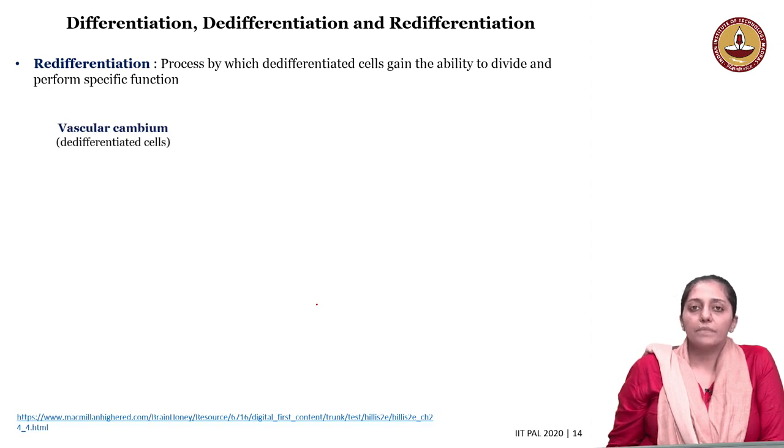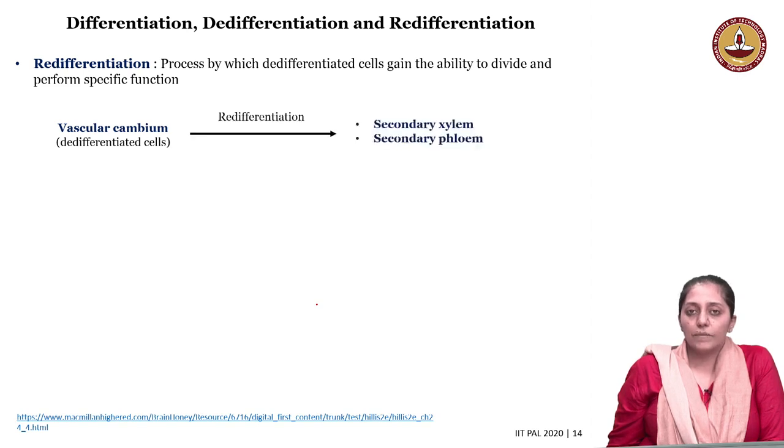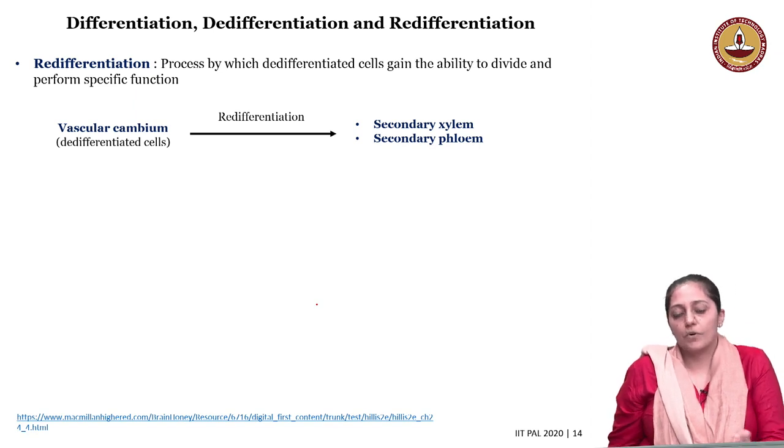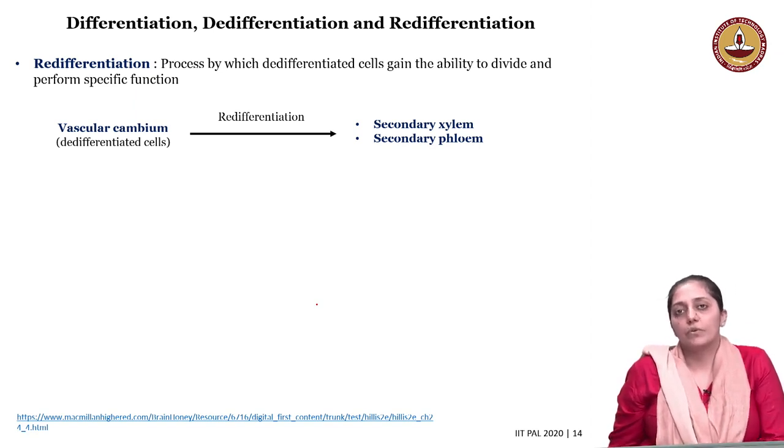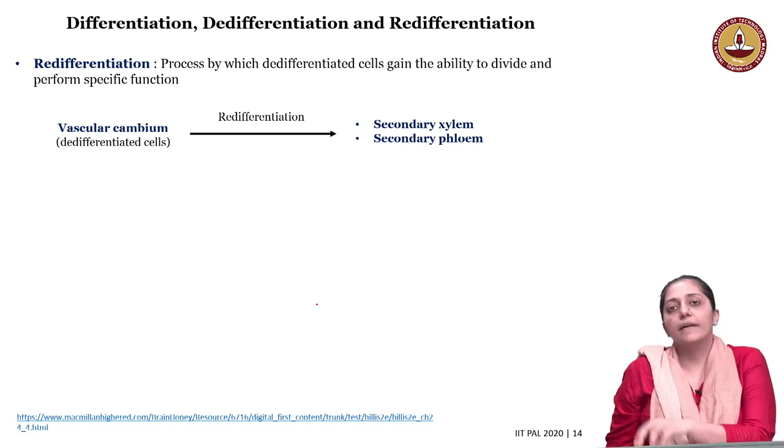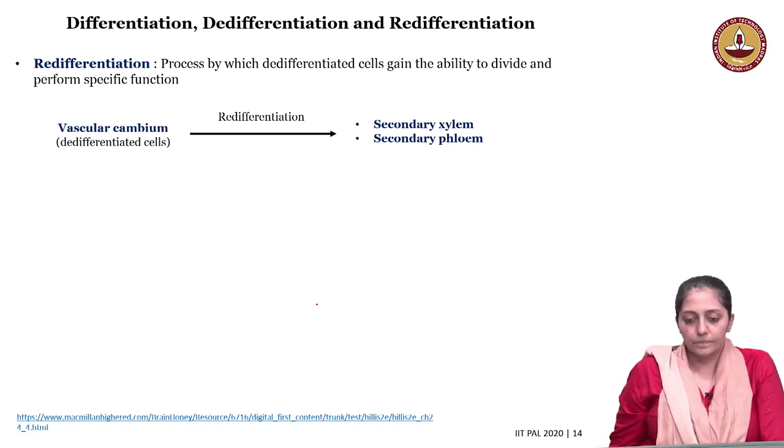The vascular cambium, which is formed from dedifferentiated parenchyma cells, again gets redifferentiated to form the secondary xylem or the phloem. The example I quoted in the last slide is a good example to show the process of differentiation, dedifferentiation and redifferentiation.